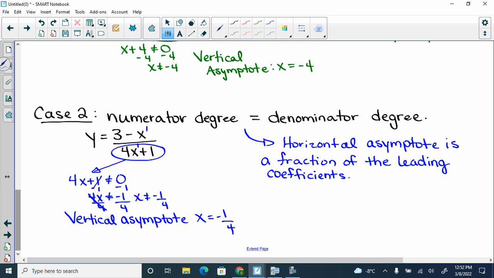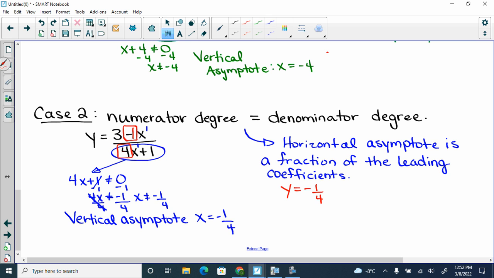So what are the leading coefficients? The leading coefficients are the numbers in front of the largest degree, right? My largest degree here is x to the 1, correct? So the leading coefficient of the numerator is -1, and the leading coefficient of the denominator is 4. So it's going to be y equals -1/4.